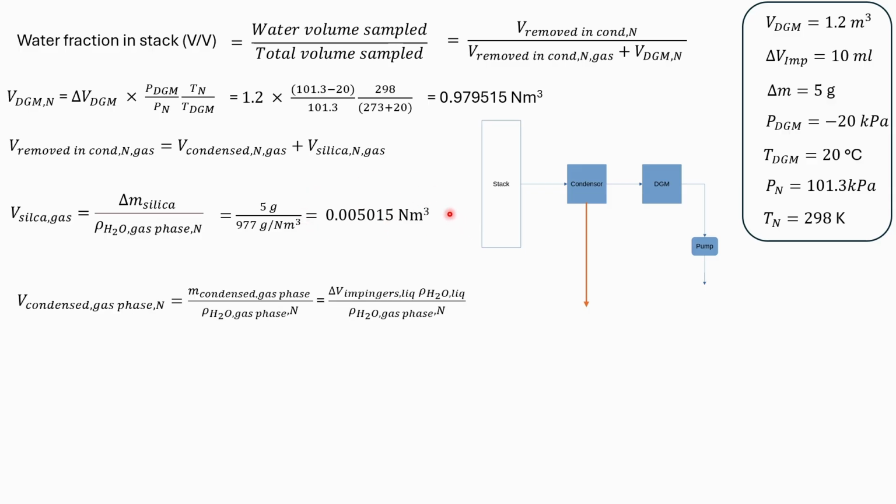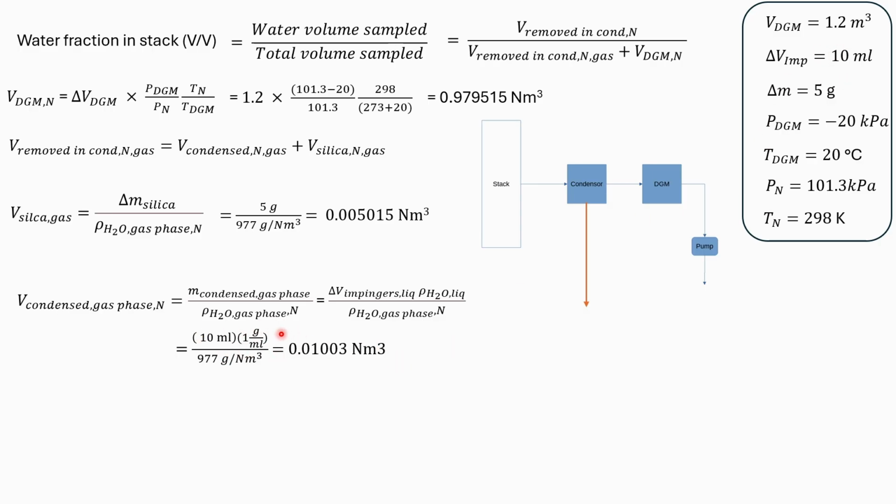Now we deal with the next term. This is the volume of moisture in the condenser in the impingers. We first convert it to a mass and then to a volume as per the previous video, but the end equation there is the volume condensed equal to the liquid volume multiplied by its density divided by the gas phase density. And in this case, we condensed 10 milliliters of water.